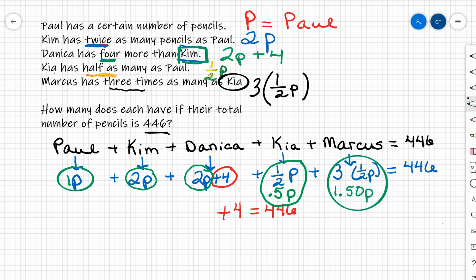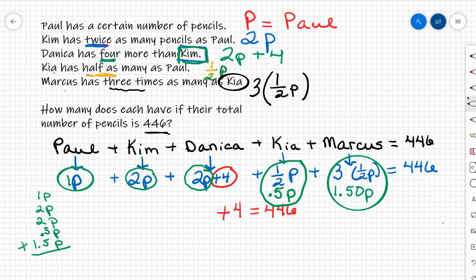So let me go back and re-add these because I was talking a lot. 1 plus 2 is 3. 3 plus 2 is 5. 5 plus 0.5. So let's see what I have here. I have a 1P, a 2P, a 2P. I'm at 5P plus a 0.5P. So that gives me 5.5 plus a 1.5P.